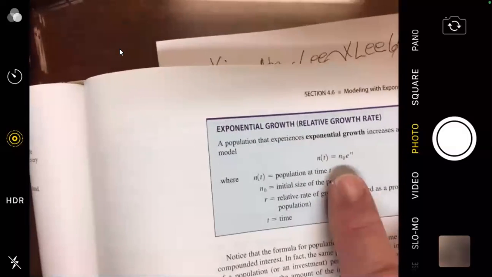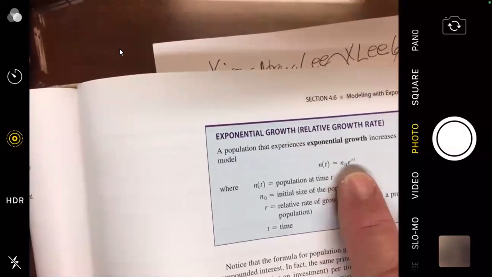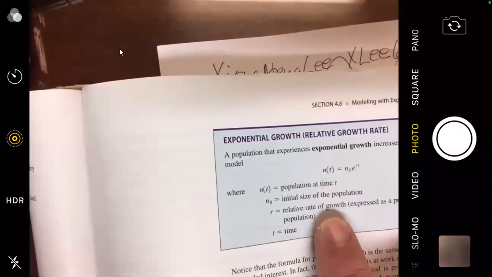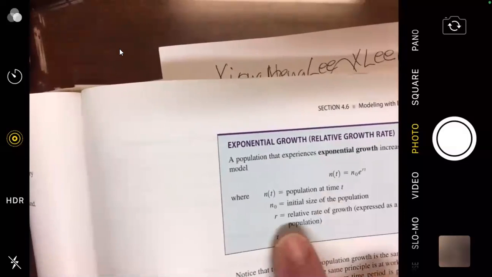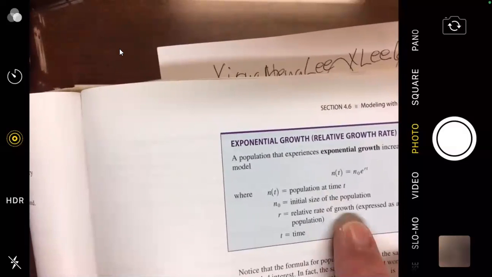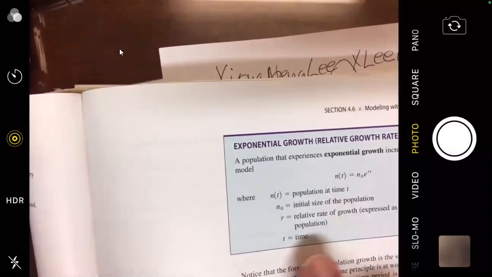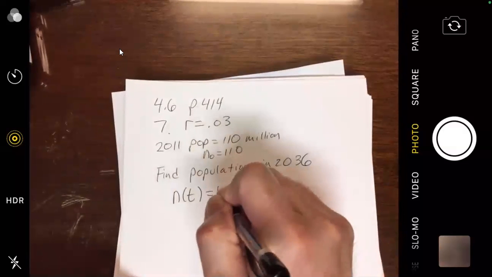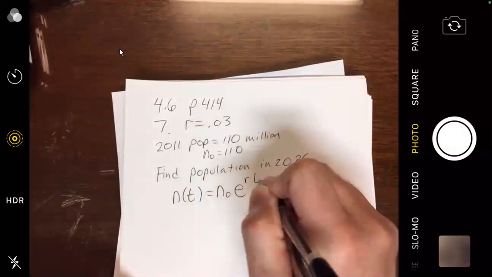The N0 is the front coefficient, that's 110 million. The rate's 3%, and you'll use an E. Population at time T, R is rate of growth, and T is time. So we're going to use N of T equals N0 e to the RT.